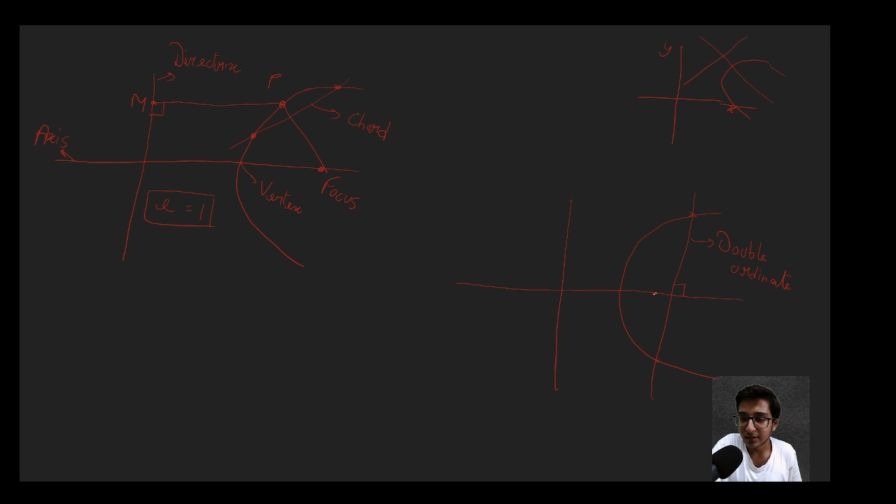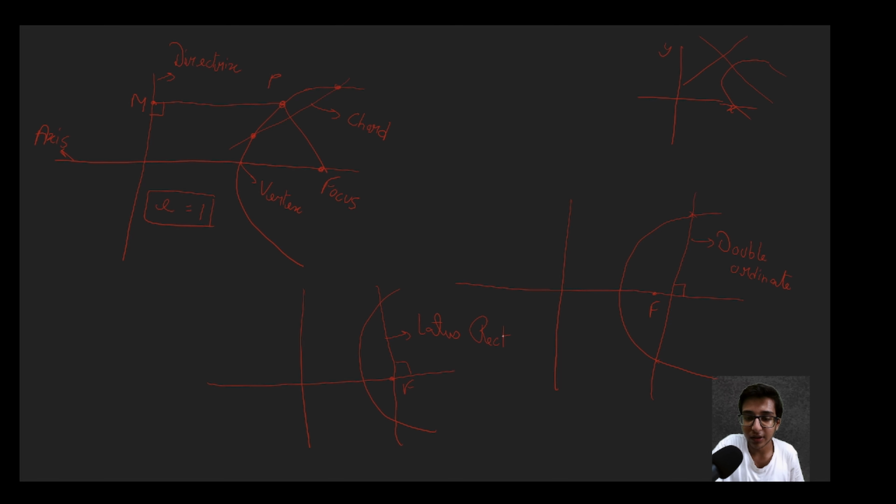And let's say here is our focus, with the directrix and axis, and if this double ordinate passes through the focus as well. Now first of all, this is a chord, this is a double ordinate as well, and it is passing through the focus as well. So we call this the latus rectum.